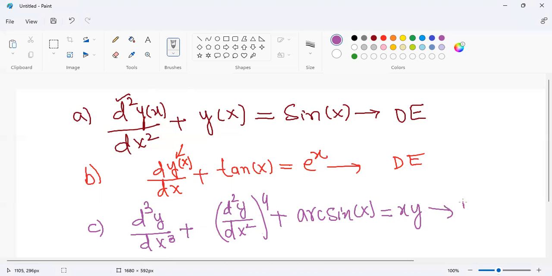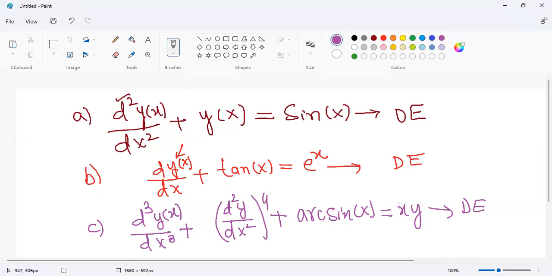This is also a differential equation, though it is very complicated. But again, because it involves derivatives of an unknown function y, this whole equation is a differential equation.